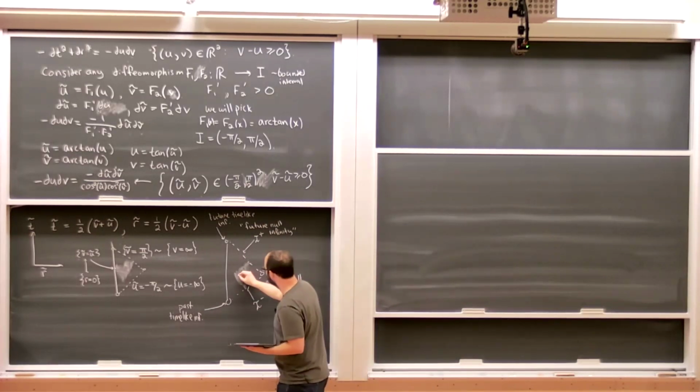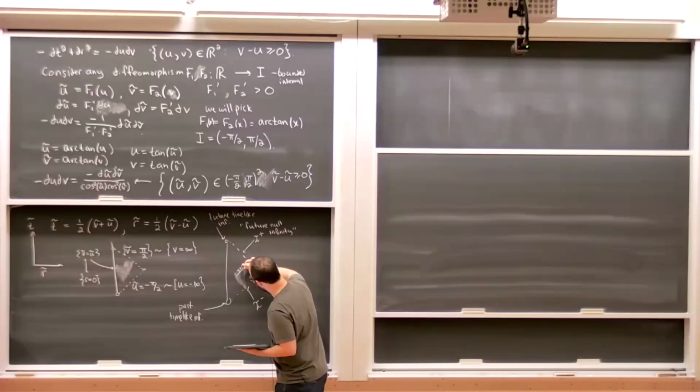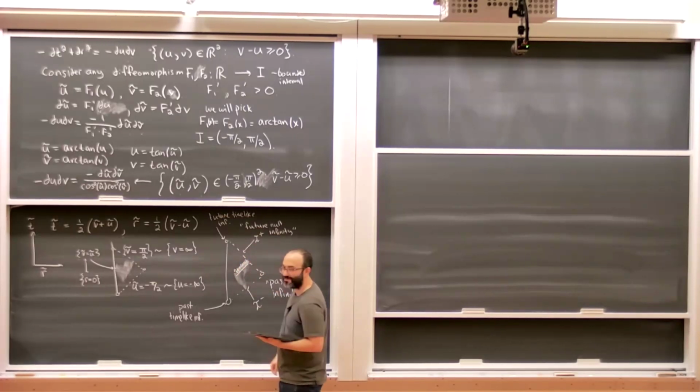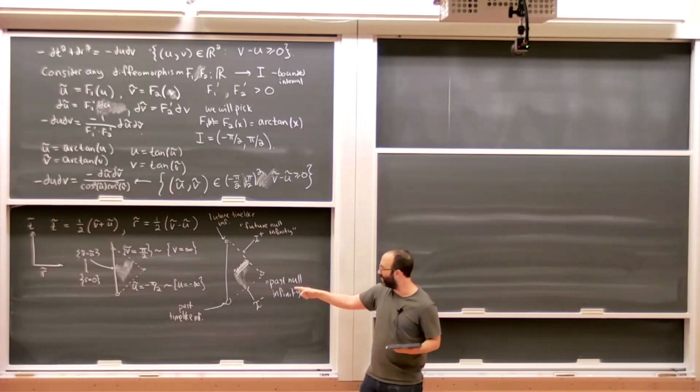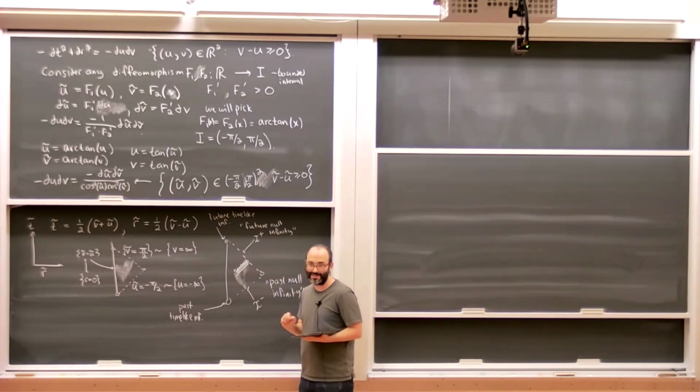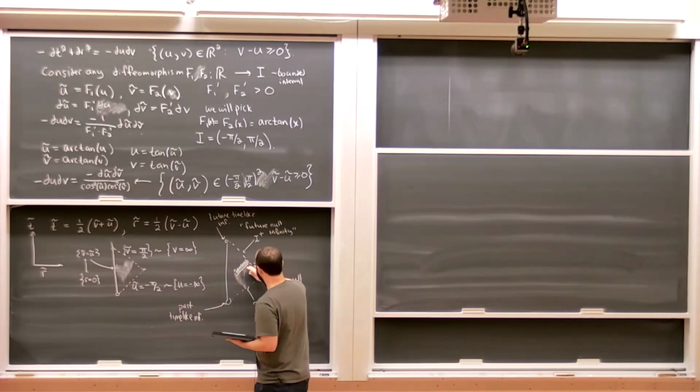So this could be a v equals constant, sorry, that's not v equals constant, u equals constant. So a u equals constant curve in this diagram looks like that. That's maybe less weird. What about t equals constant? Let me erase this.